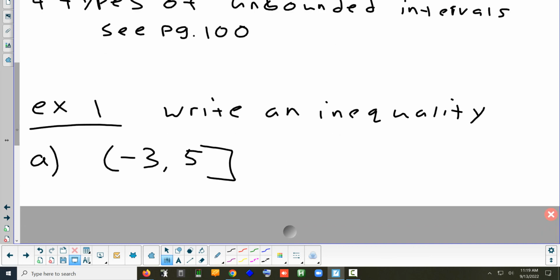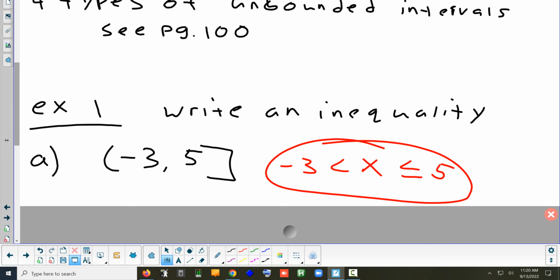Okay, so now we should be able to translate between inequality notation and interval notation. This is an interval, but can somebody translate that to a conjunction for me? John? So you do -3 is less than x, which is less than or equal to 5.